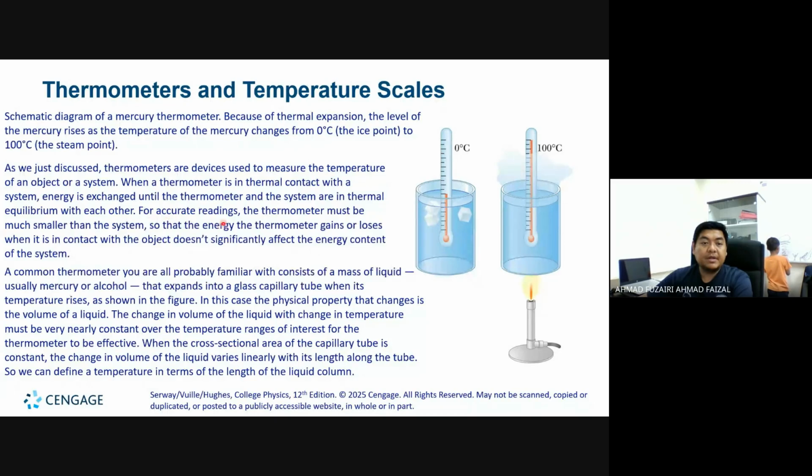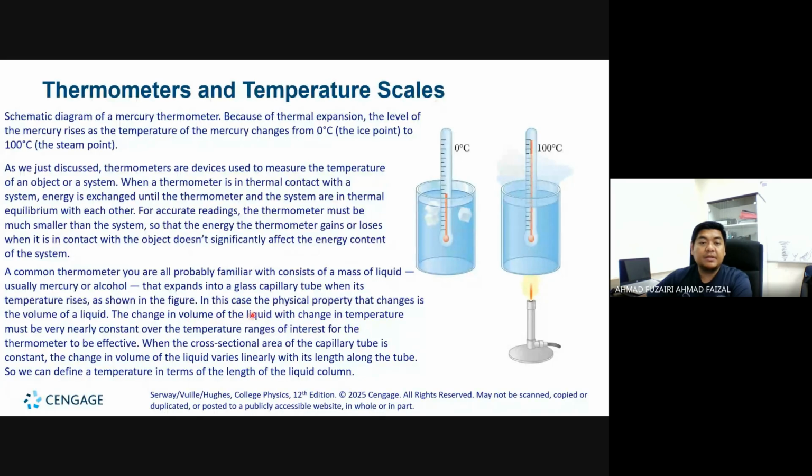For accurate readings, the thermometer must be much smaller than the system, so that the energy the thermometer gains or loses when in contact with the object doesn't significantly affect the energy content. A common thermometer you are probably familiar with consists of a mass of liquid, usually mercury or alcohol, that expands into a glass capillary tube when its temperature rises, as shown in the figure.